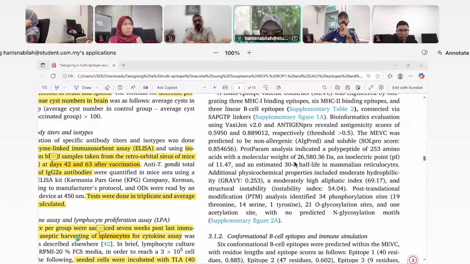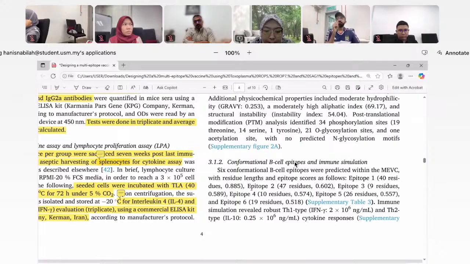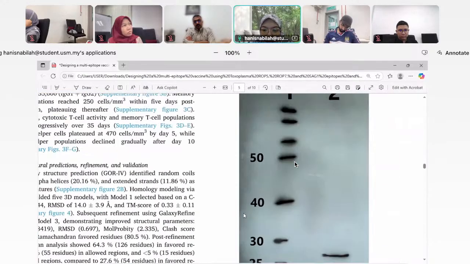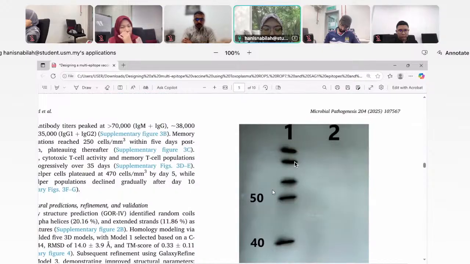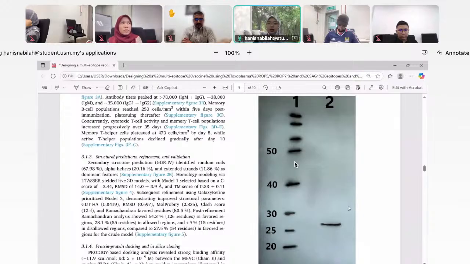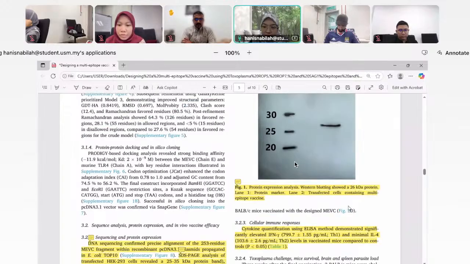Then figure 1 showed the 26 kDa protein from the expression with the HEK cell.